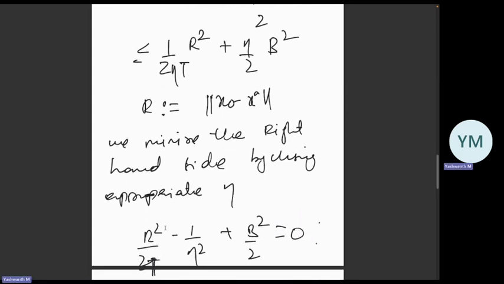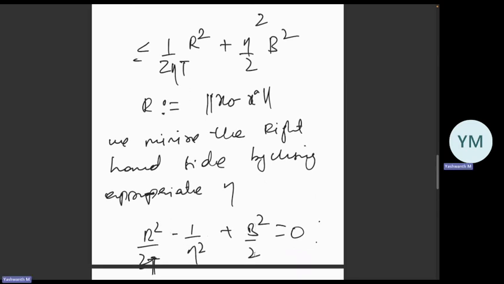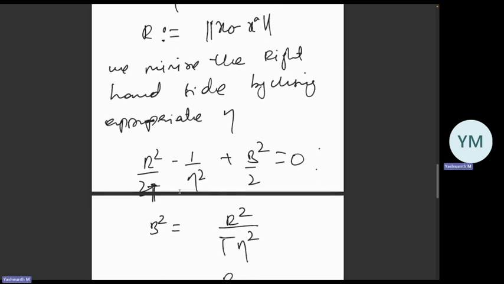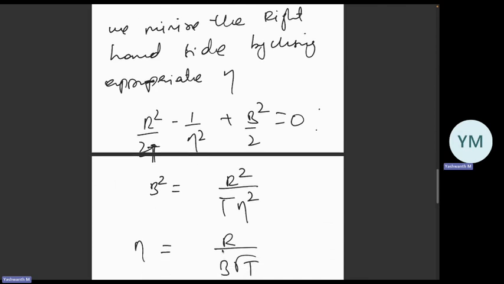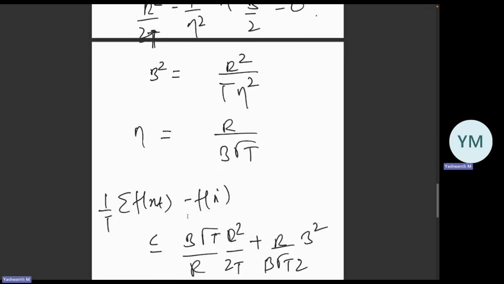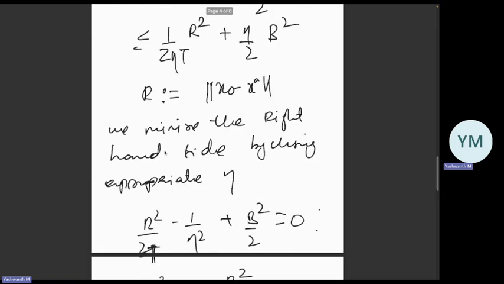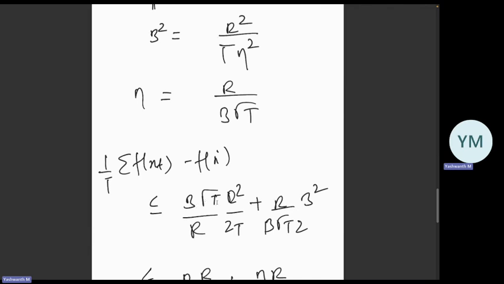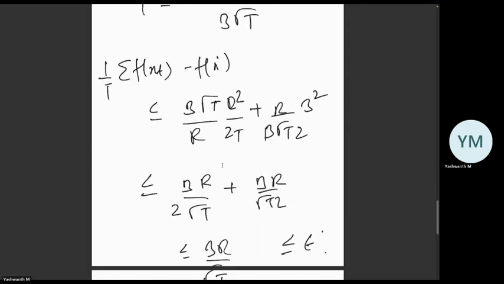So after differentiating, we get r square by eta t plus b square by 2, 1 over eta square, equal to 0. And so solving for eta, we get r by capital B times the square root of capital T. So after substituting this eta into this equation, what we end up getting is b square root t, r square times 2t, and so on.